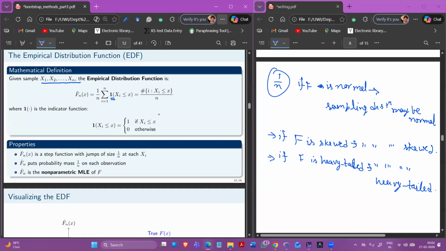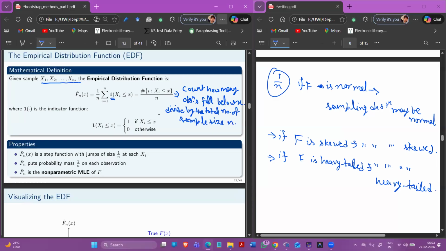It is basically counting how many observations fall below x, divided by the total sample size n.